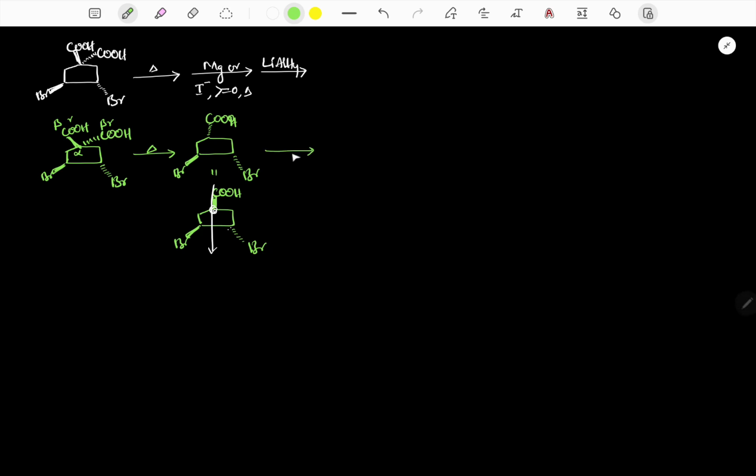Another product is treated with magnesium, or I minus in acetone, with heat. So when you add magnesium, initially the carboxylic acid loses its proton because magnesium is a metal, and after that Grignard reagent formation takes place.